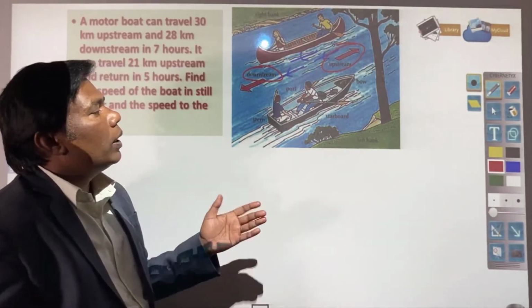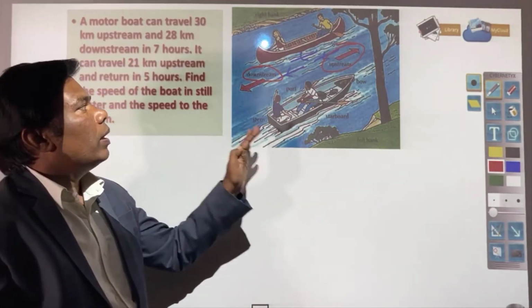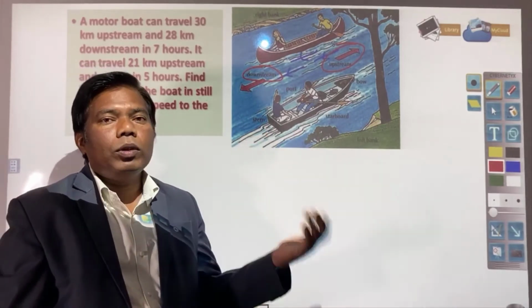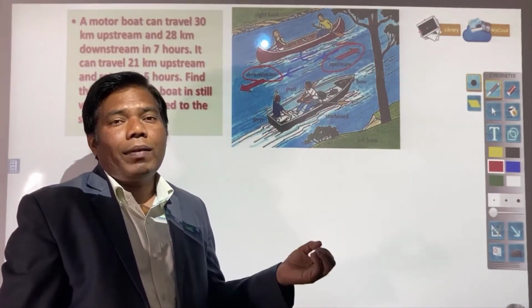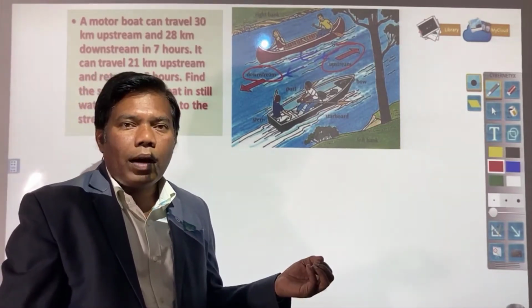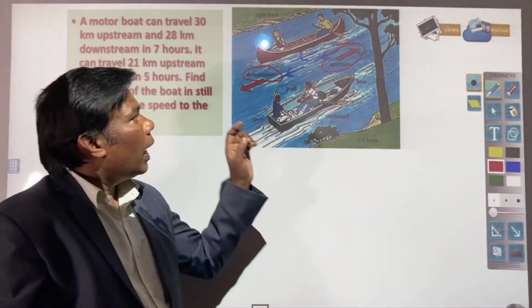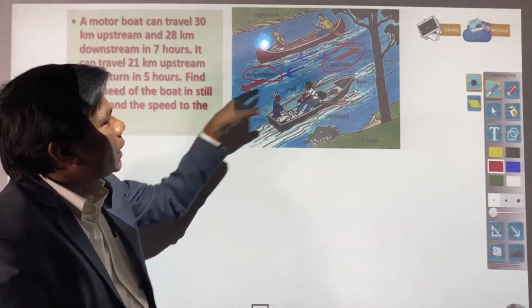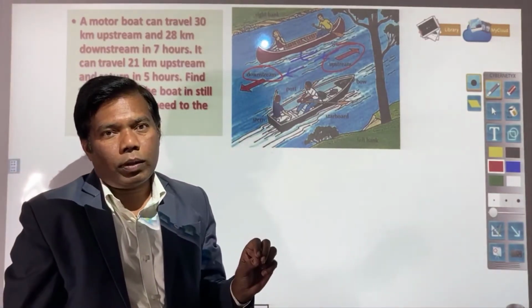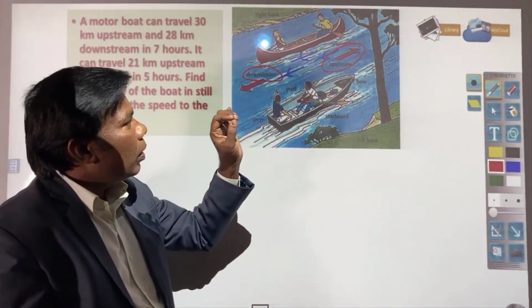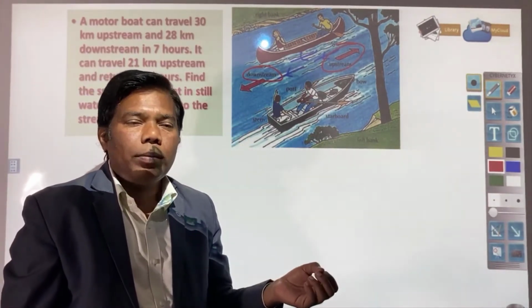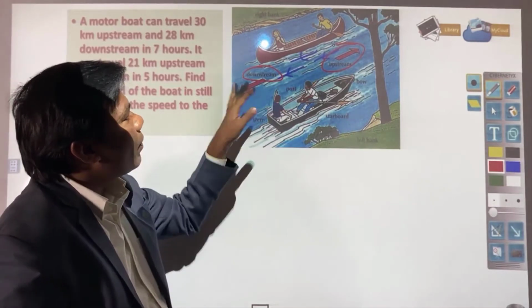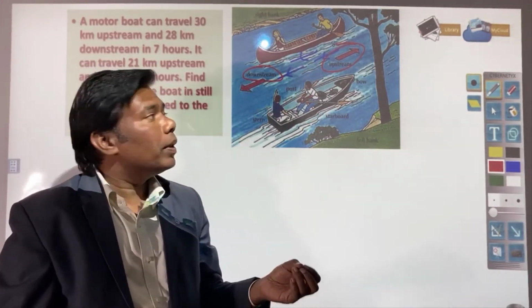One thing you need to remember: suppose the boat has some speed in still water, say x km per hour, and the speed of the stream is y km per hour. So the boat's speed is x km per hour and the speed of the stream is y km per hour.